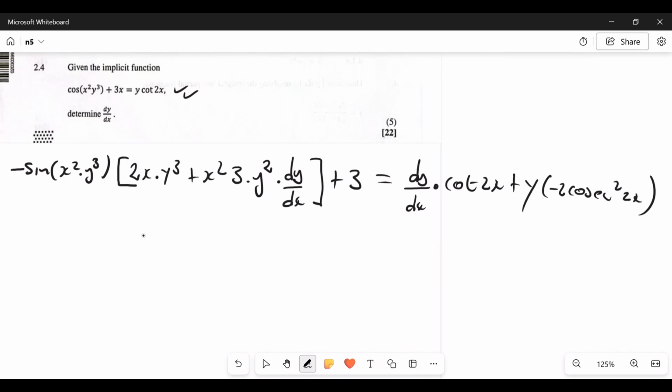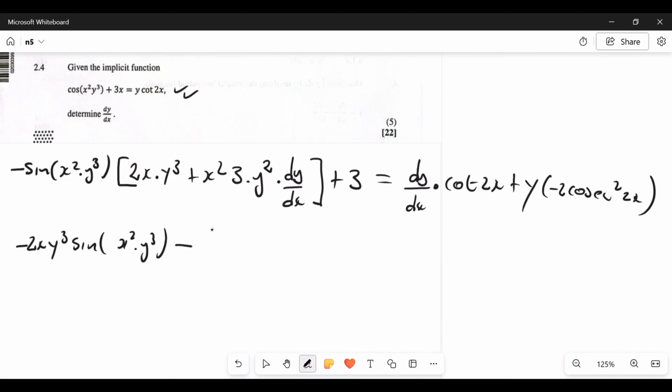Now it's time for us to group all the terms that have dy over dx on one side and the ones that don't have dy over dx on the other side. But first we need to remove the brackets on the left hand side. So we multiply by negative sine x squared y cubed with everything that is inside them. So we're going to have negative 2x y cubed sine x squared multiplied by y cubed, close bracket, minus.